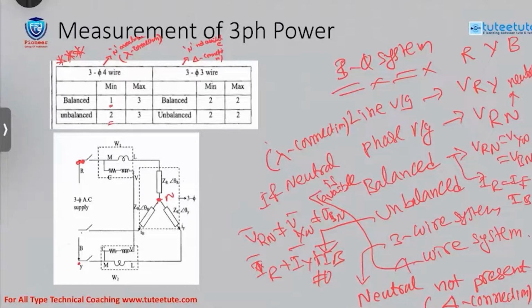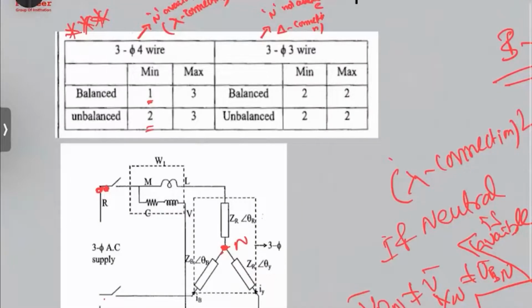Whereas in an unbalanced system, each phase voltage and current is different, so we are not able to measure with a single wattmeter. This question is important; don't get confused. Balanced system means all phase voltages and currents are equal.